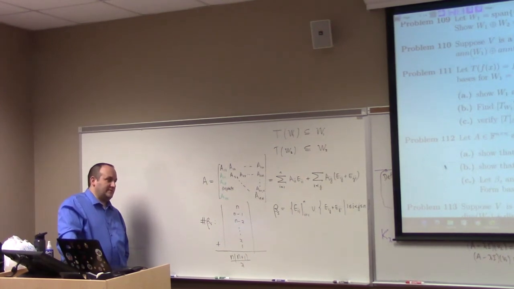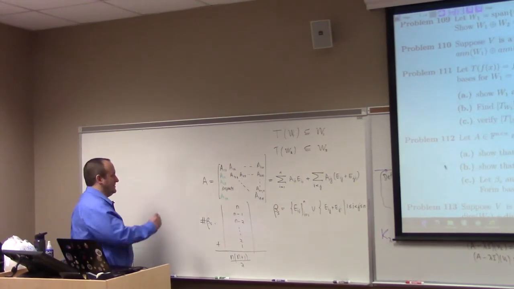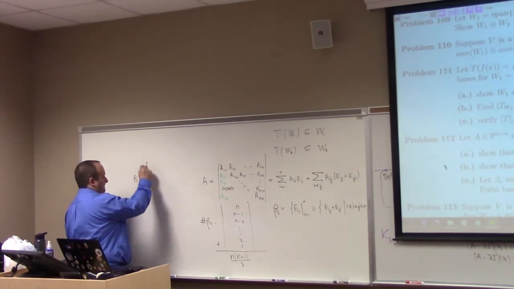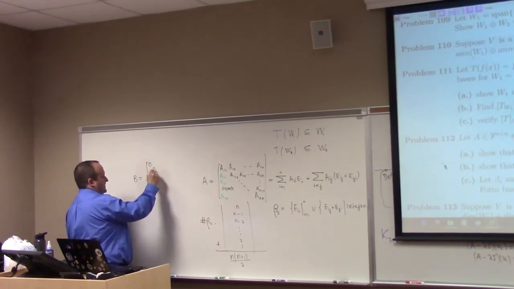What's the basis for the antisymmetric? So the antisymmetric matrix looks like what? Zeros on the diagonal.